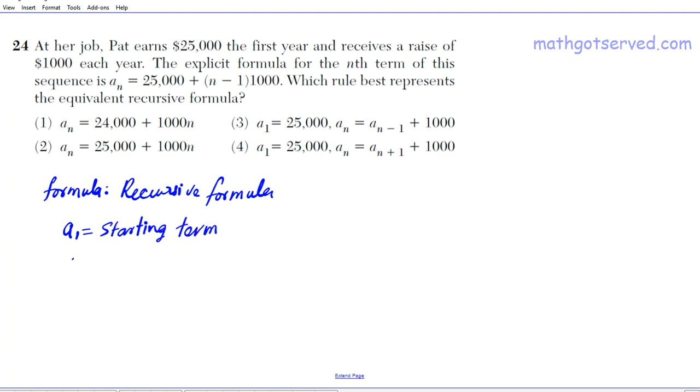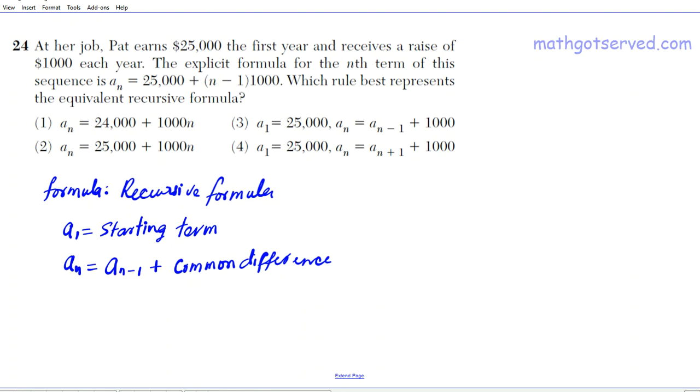And then you have a_n, which is going to be the term before plus the common difference or the growth amount. So this is basically how you set up the recursive formula for an arithmetic sequence. Okay.